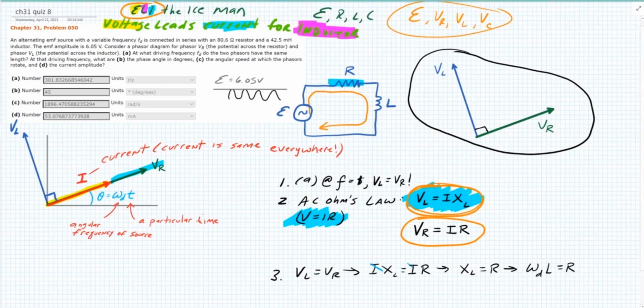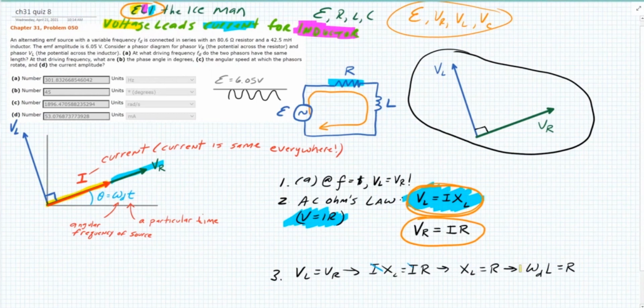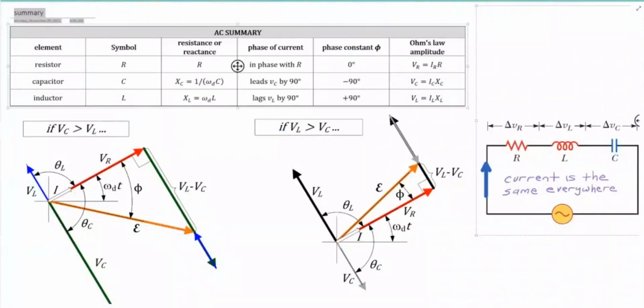Okay, so this is, I'm still not seeing my dollar sign. Well, I kind of am seeing my dollar sign, but this is the expression. XL equals omega D times L. And I'll just refer you to the handy dandy summary page.